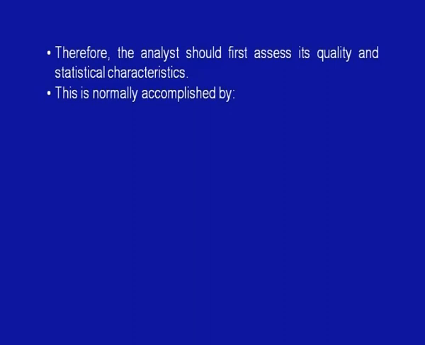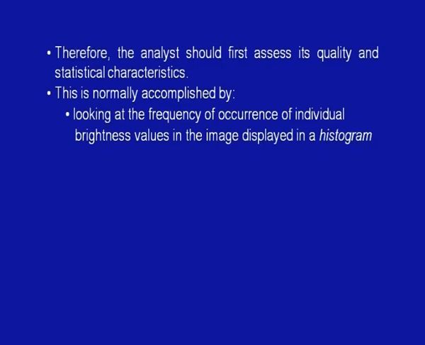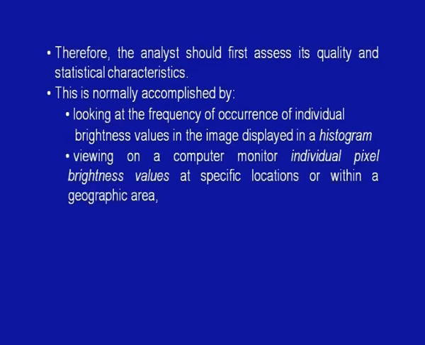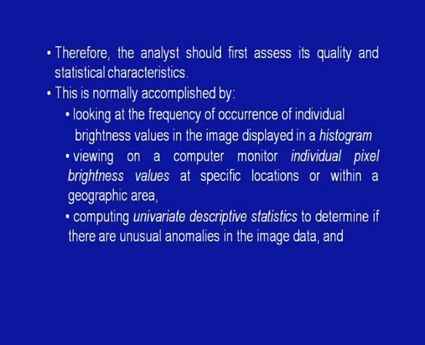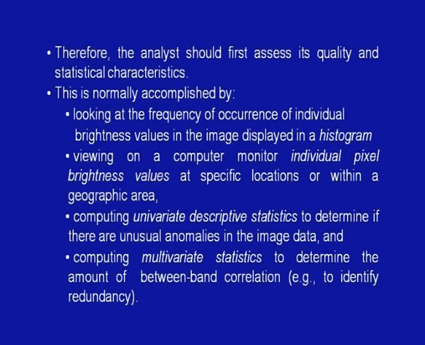This is normally accomplished by looking at the frequency of occurrences of individual brightness values in the image displayed in a histogram, or by viewing on a computer monitor individual pixel brightness values at specific locations or within a geographic area, by computing univariate descriptive statistics to determine if there are unusual anomalies in the image data, and computing multivariate statistics to determine the amount of between band correlation, that is to identify redundancy.